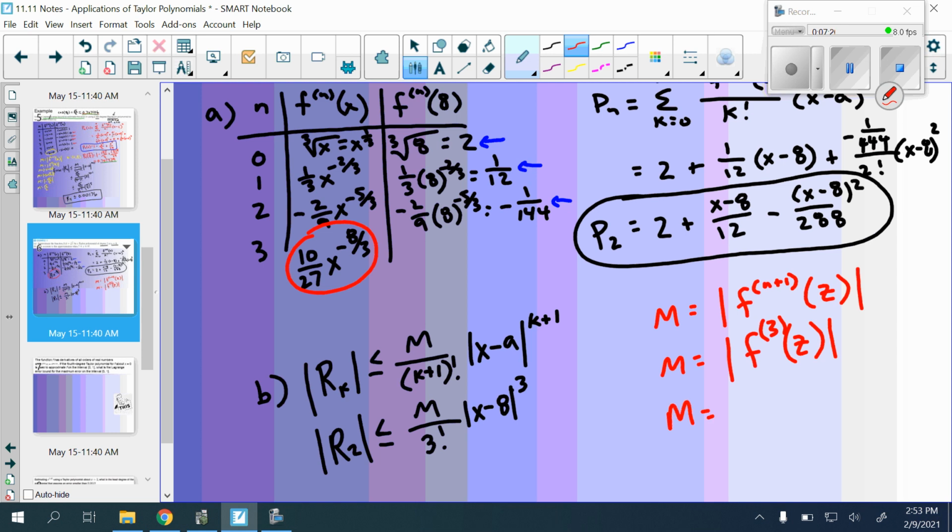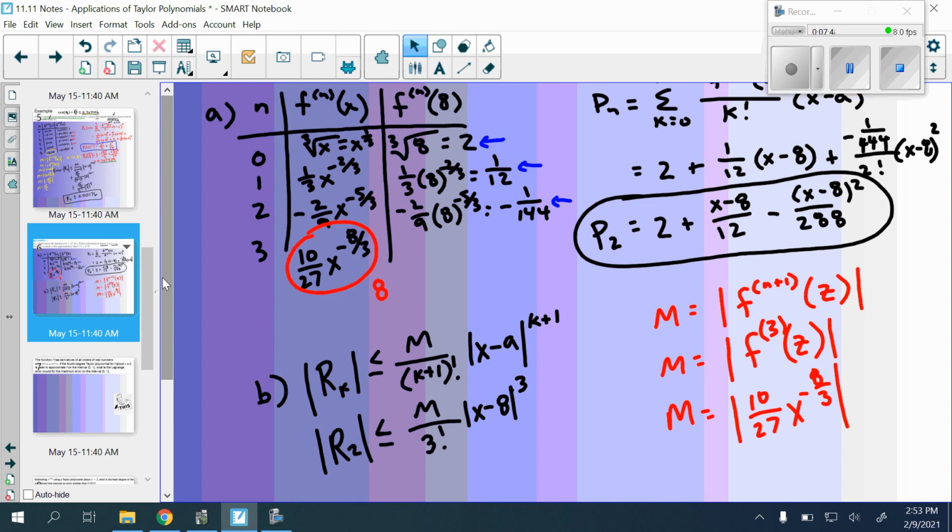So we're using 10 over 27 x to the negative 8 thirds. What value of x is going to make that biggest here? And our interval on this one is centered at 8.